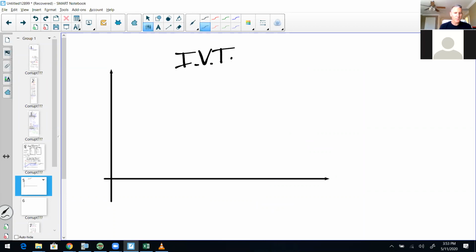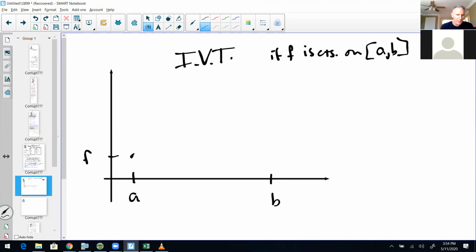Let me give you a graphical representation for that. So for any function that is continuous on the closed interval from a to b, that's what you need to have, right? If f is continuous on the closed interval from a to b, then there's got to be some value that's like f of a, the function's height at x equals a, and another function's height at x equals b, so we'll call this f of b.